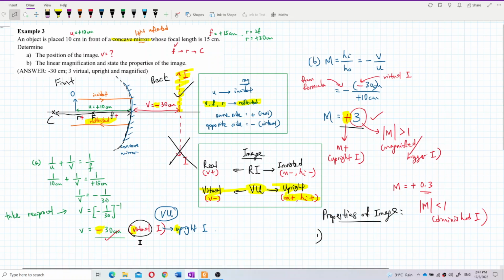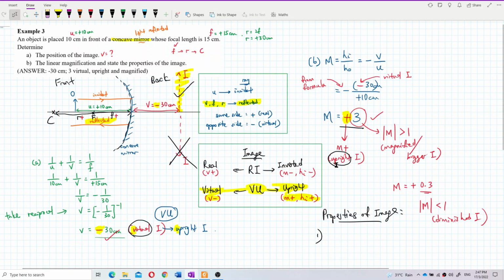Why virtual image? Because you have V negative. And it is also an upright image, because M is positive. A virtual image is always an upright image. M positive means the image is upright.